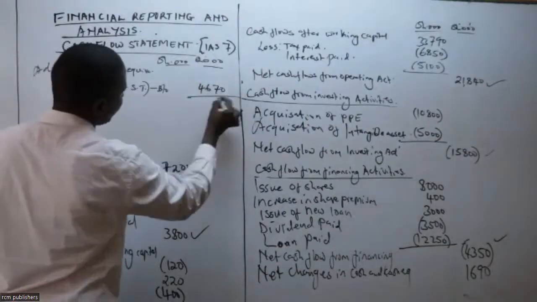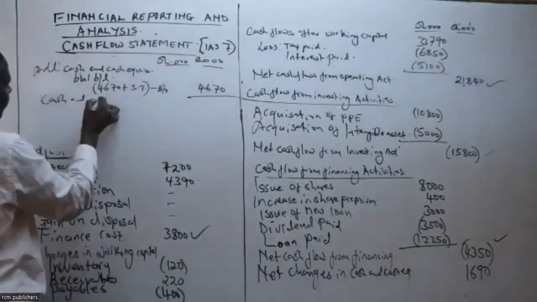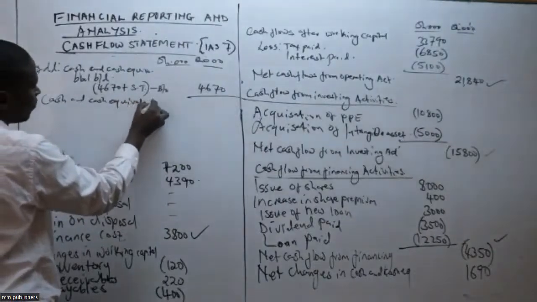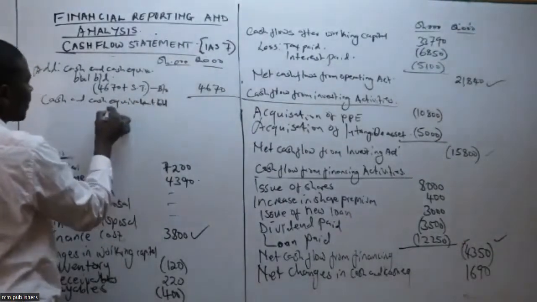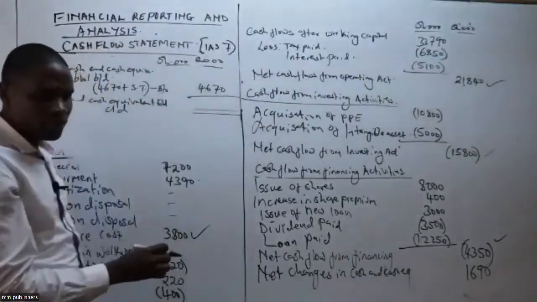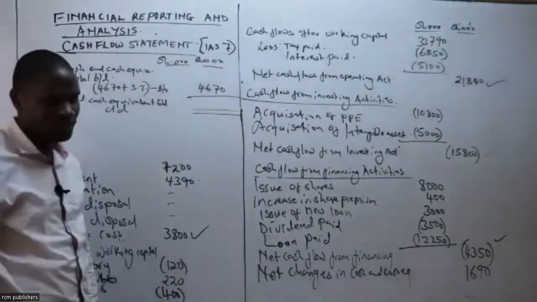4670. So can you add for me so that we get cash and cash equivalent balance. This is balance carried down at the end of the period. What are you getting? Add for me 1690 plus 4670.